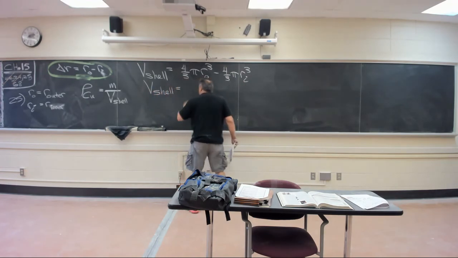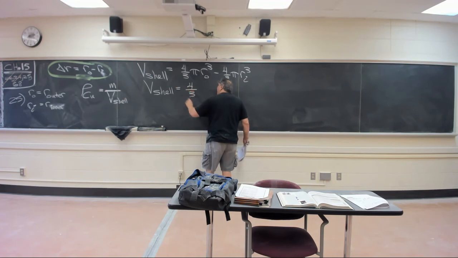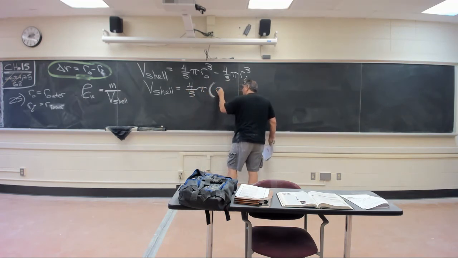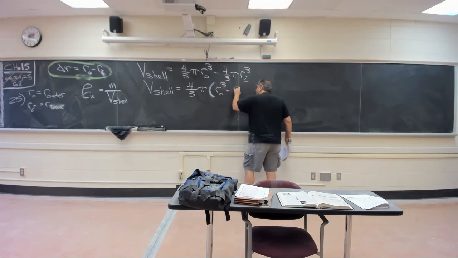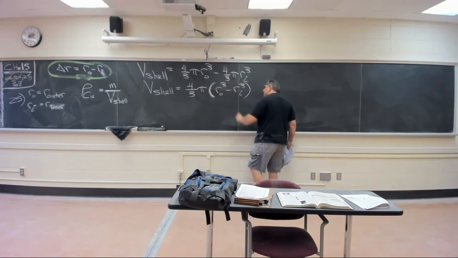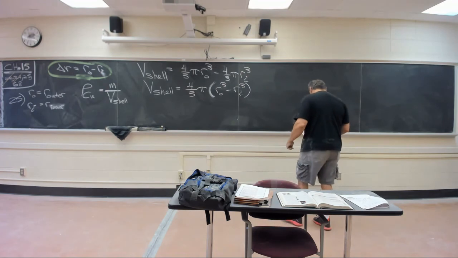The volume of the shell is 4/3 pi, R_O cubed minus R_I cubed. And there's an invitation to a lot of stuff right there.